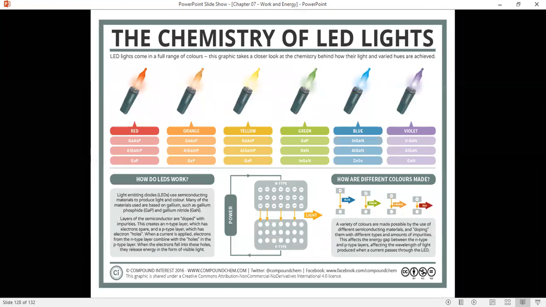Now, not the same semiconductors that you get in computer chips. These are a little bit different. And I don't know if you can really see this, but the original red up to yellow semiconductors were gallium aluminum arsenic.